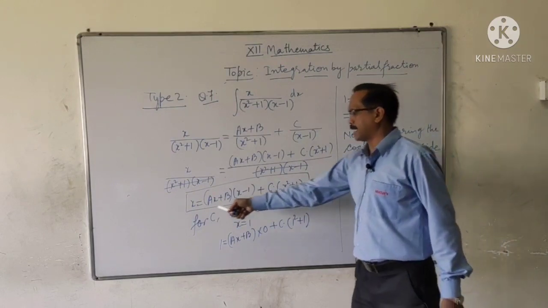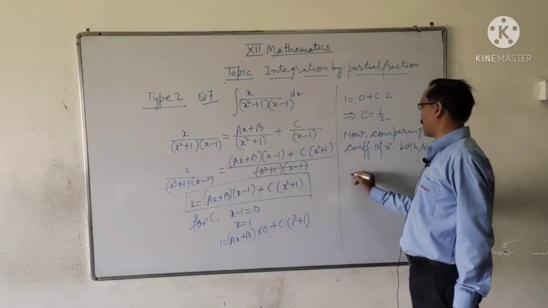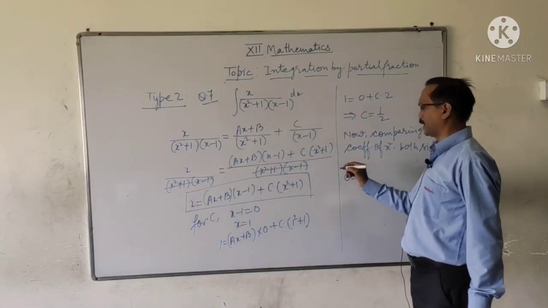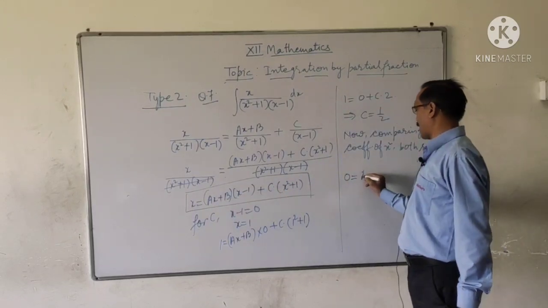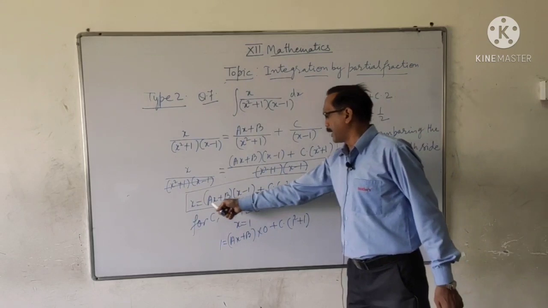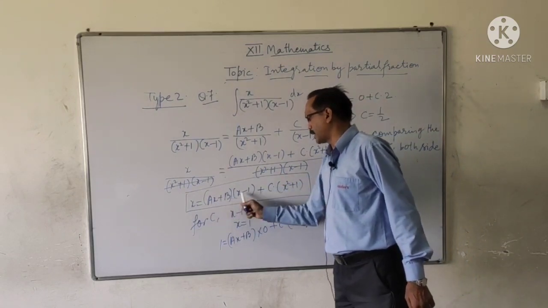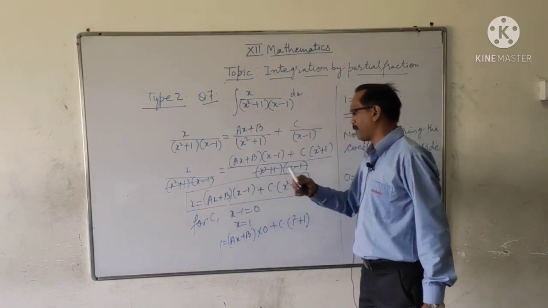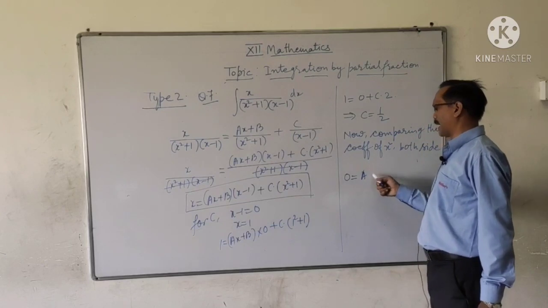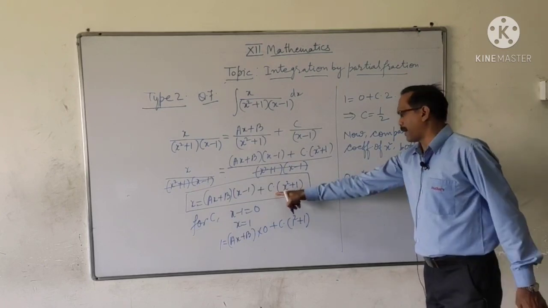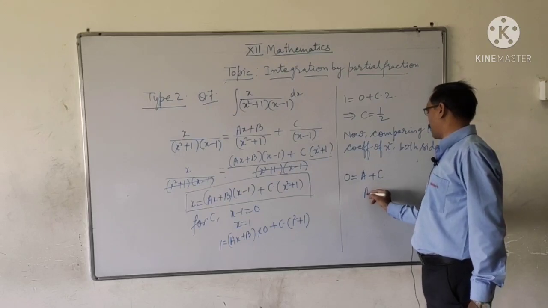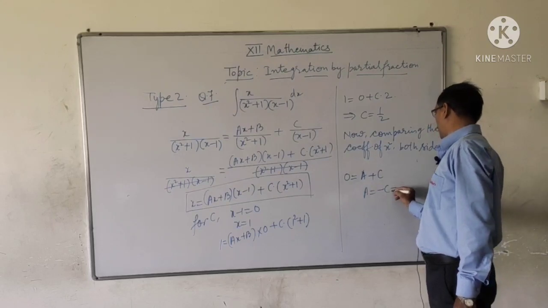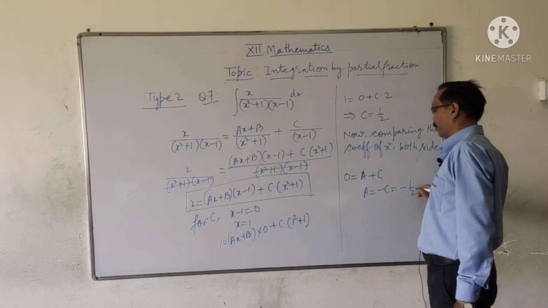Since on the right hand side there is no term of x square, the coefficient is 0, and on the left hand side, we will get the coefficient of x square as a. When ax is multiplied by x, we will get a. When c is multiplied with x square, we will get c. So a equal to minus c, and it is minus 1 upon 2.